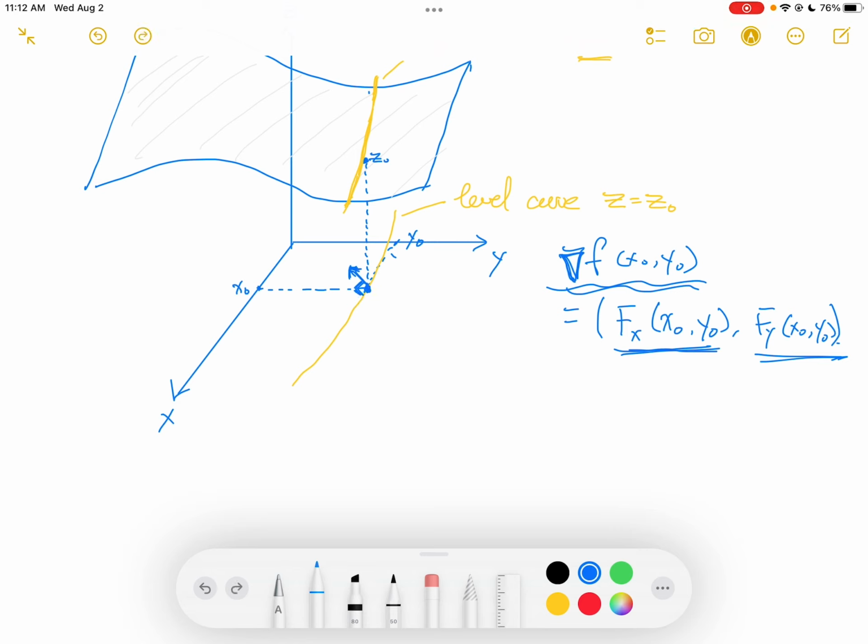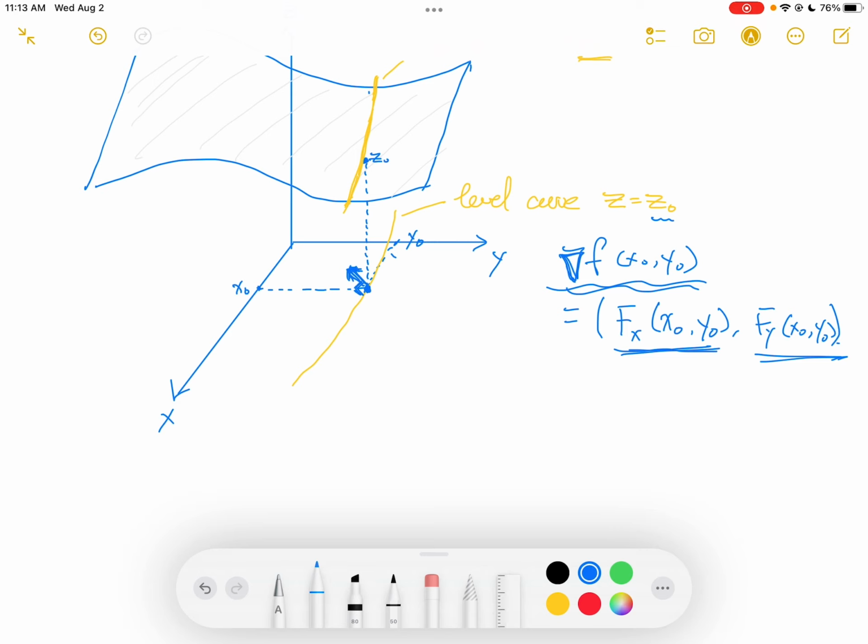Should we deviate from that point, the direction in which we deviate that will result in the maximum increase in the z value from z0 will be in this direction, the direction that is perpendicular to the level curve. Okay, and that's what this is basically saying.